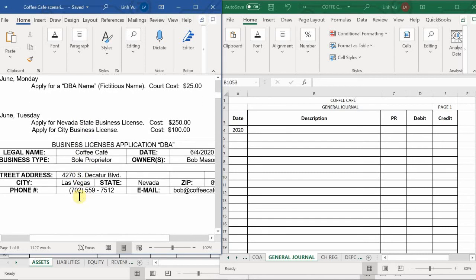Okay, so on June 4th, we decided to apply for a Nevada State Business License, which costs $250 to obtain the actual form and submit it. And then we also applied for a city business license as well, which cost an additional $100.